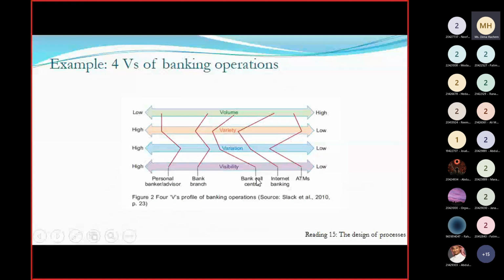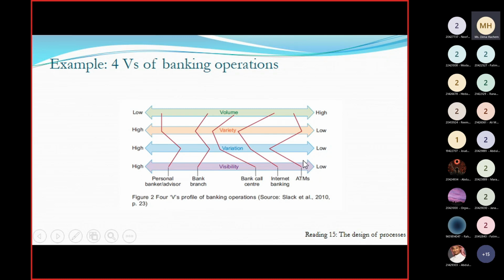You could call the bank, or you could visit the bank, or you could have a personal banker or advisor. So notice I started with the service that has the least amount of visibility, but it has the highest amount of volume.